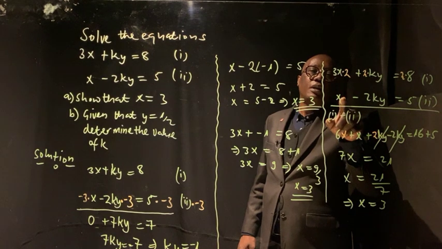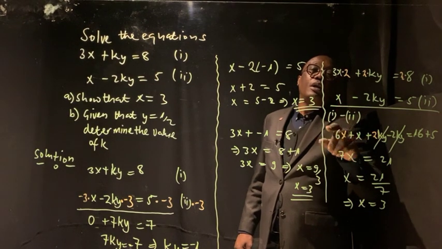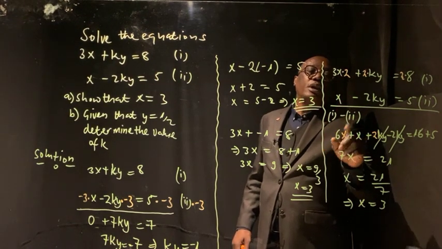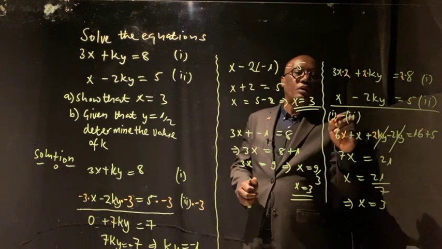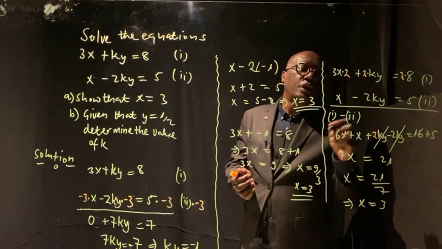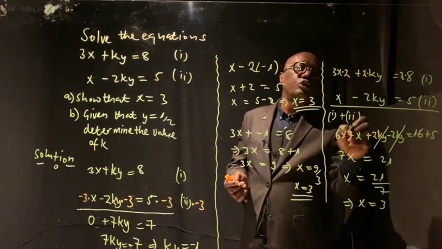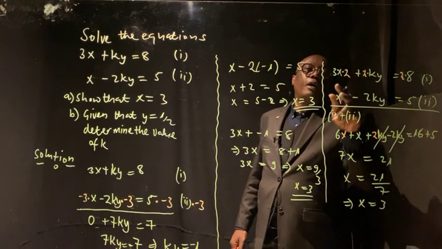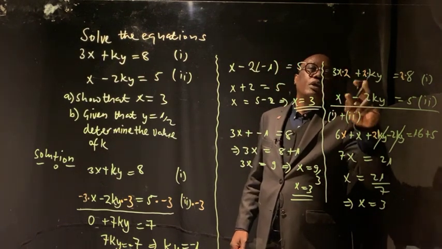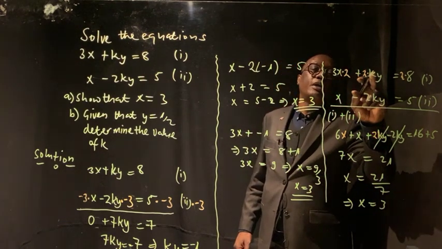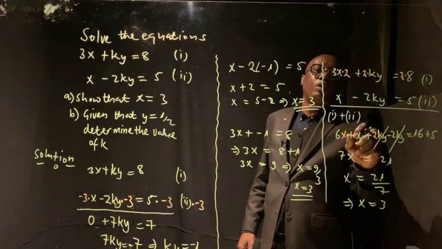Then plus, this one will be adding equation 1 to 2, because if we add equation 1 to equation 2, we will automatically eliminate the ky.